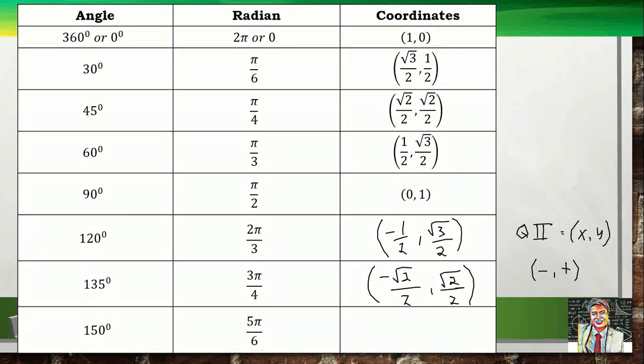So 150 also belong siya sa quadrant number 2. And then ano ba reference ng 150 degrees? That is, reference angle niya is 30 degrees, wherein ang coordinates sa 30 degrees is square root of 3 over 2 and 1 half, wherein negative dapat yung x since nasa quadrant number 2 siya. Okay?